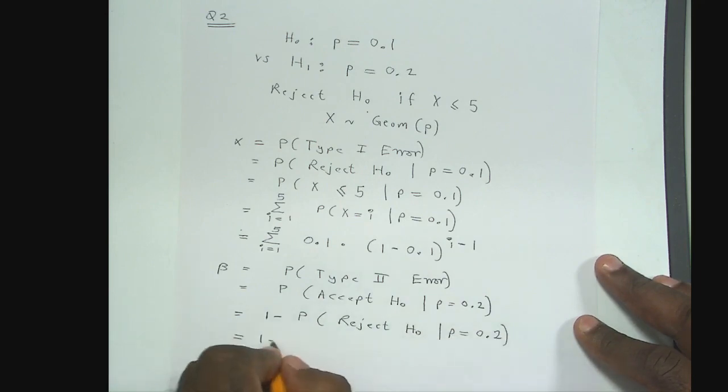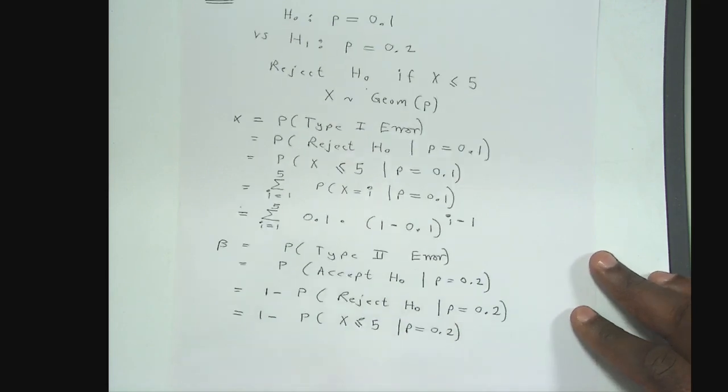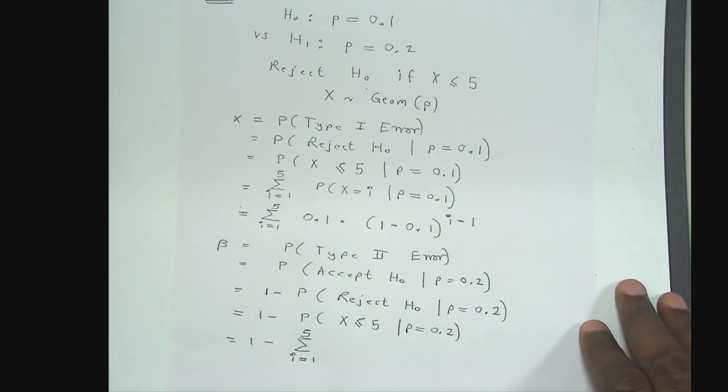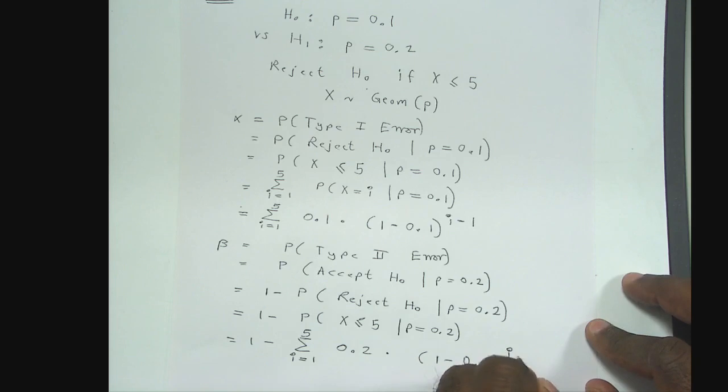So this is 1 minus the probability that x is less than or equal to 5 when p is 0.2. So this is 1 minus the sum of the probabilities that x equals i when p is 0.2, which is 0.2 times (1 minus 0.2) to the power i minus 1.